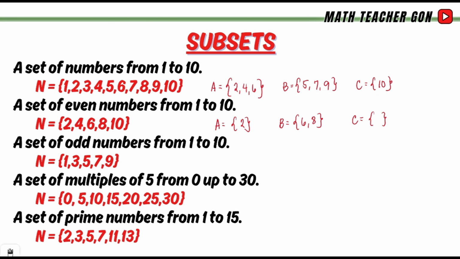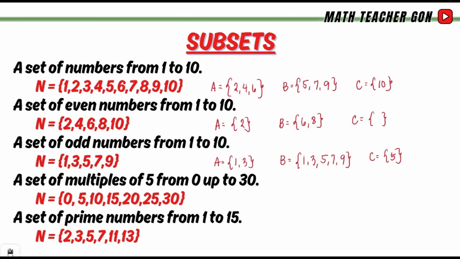For the third one, a set of odd numbers from 1 to 10, all you have to do is make a set wherein every member belongs to the original set. A: 1, 3. Letter B: 1, 3, 5, 7, 9, everything. Set B belongs to set N because every element here belongs to set N.